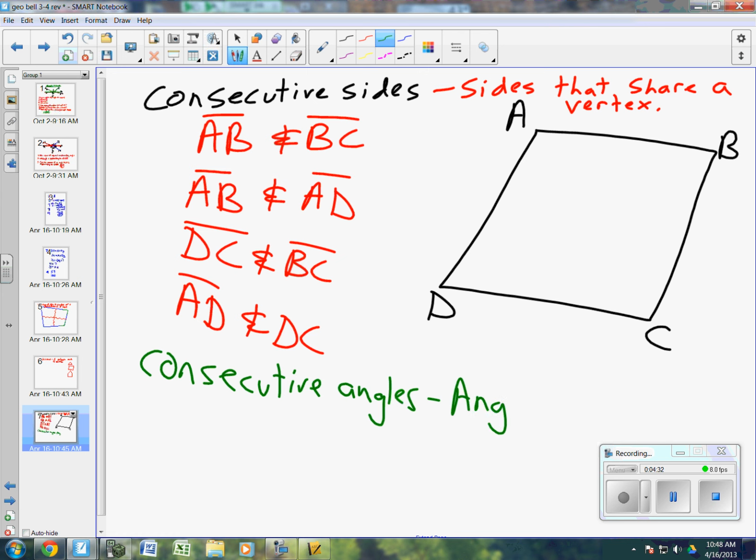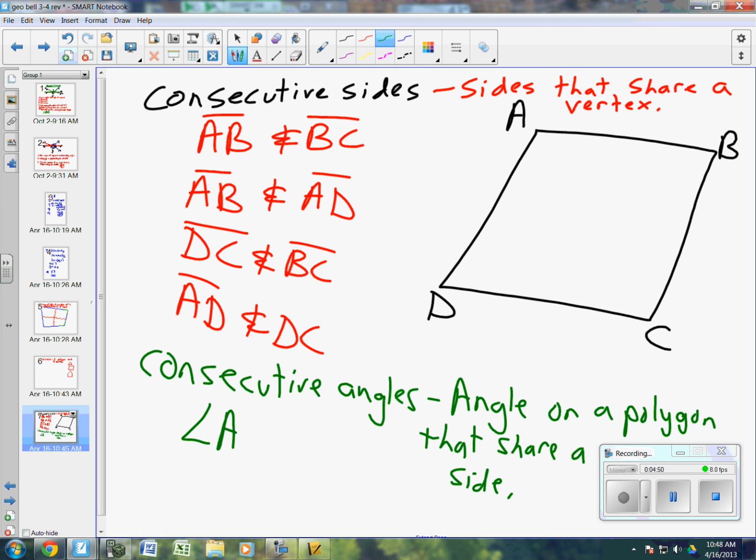Angles on a polygon that share a side. For example, angle A and angle what, you guys?